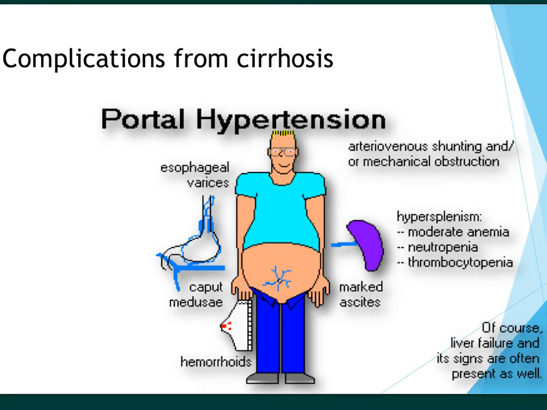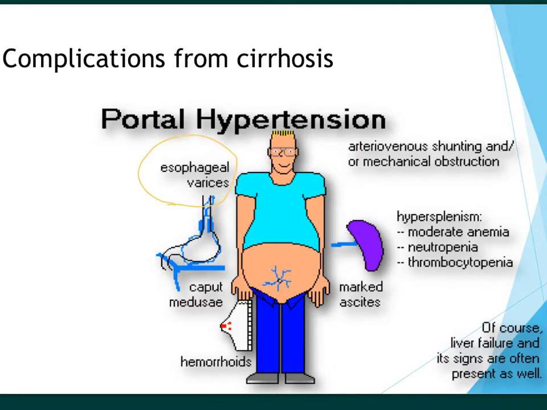Portal hypertension is a complication of cirrhosis. And what happens with portal hypertension is you have increased resistance to blood flow through the liver. So everything that's behind it, because of this increased venous pressure, suffers. And so just from portal hypertension, we'll talk about esophageal varices a little bit later.